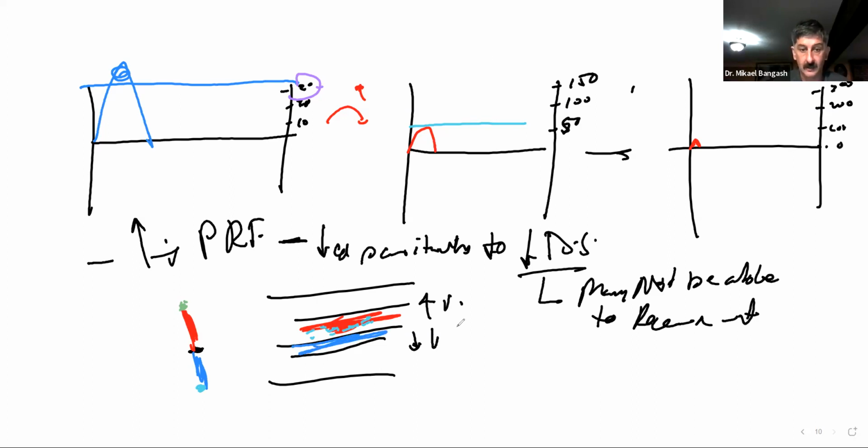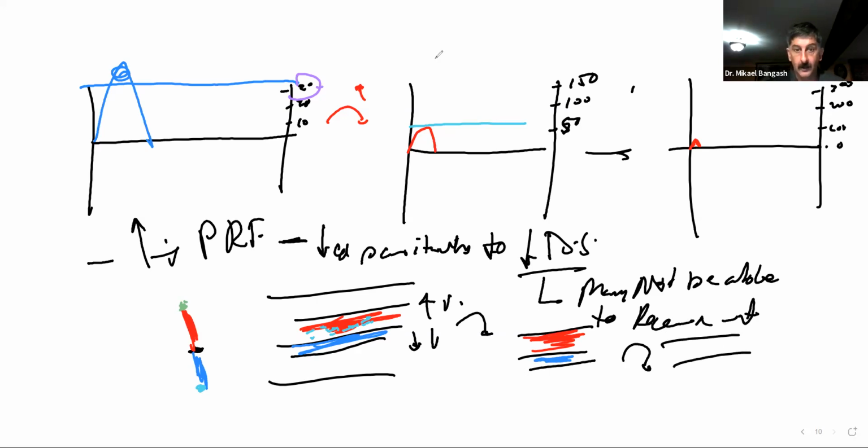Now when we increase the scale, this top vessel here will get rid of the aliasing. This bottom vessel here may become lesser and lesser filled with color. Or actually if you keep on further increasing the PRF, this top vessel may become lesser filled as well, and the bottom vessel may actually become completely emptied out.